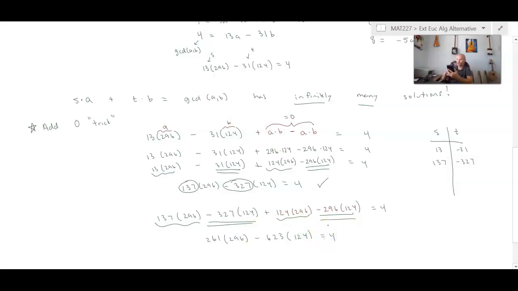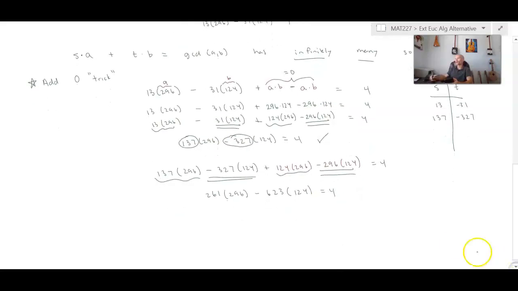Let me check my work. 261 times 296 minus 623 times 124. Lo and behold, I get 4. So let's see if we can generalize our pattern here. So in general, because I know that with numerical values this could get a little trickier to keep track of.